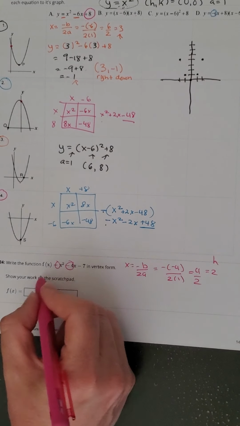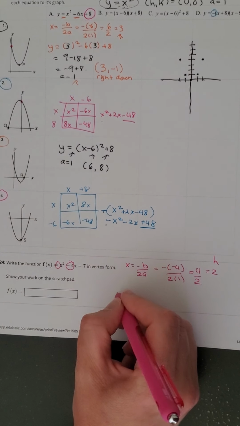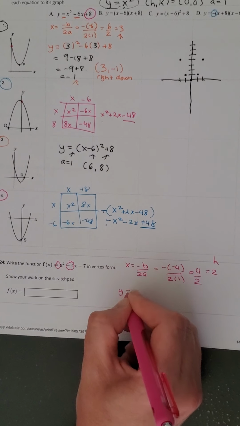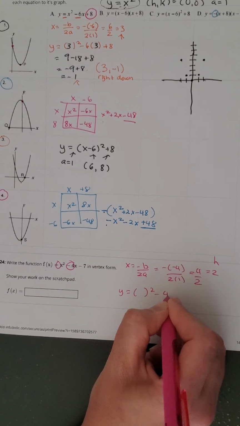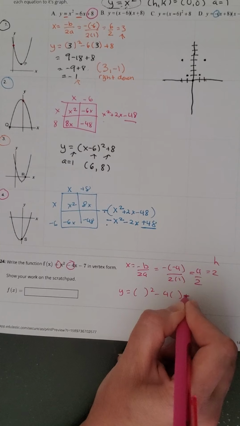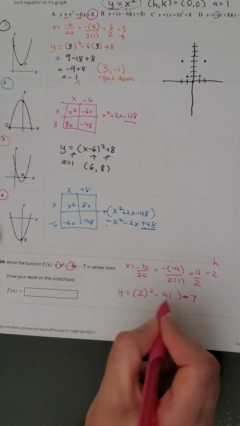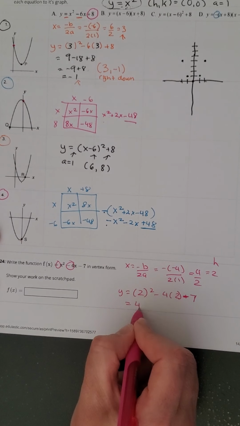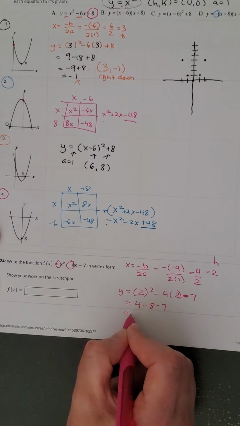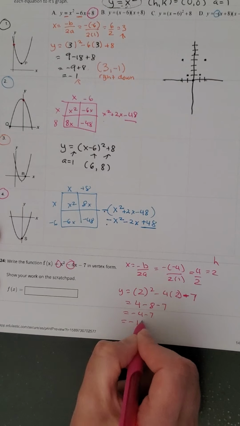Now I need to find k, and to find it again, I substitute it back in. So y equals x squared minus 4x minus 7. And so I'll substitute in what I found for h, which is 2. So that's 4 minus 8 minus 7. Negative 4 minus 7 is negative 11.